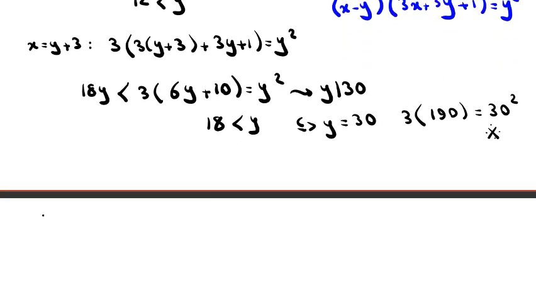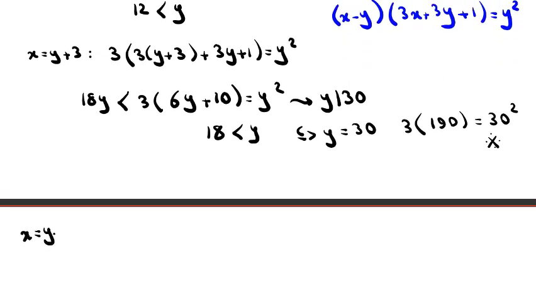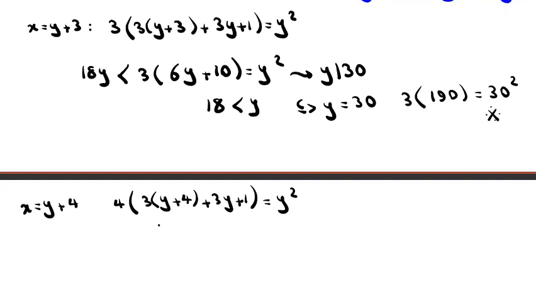Now, if we check x equal to y plus 4, then if we replace here, it will be 4 times 3y plus 4, plus 3y plus 1, equal to y squared. So here it will be 4 times 6y plus 12 plus 1, 13, equal to y squared.